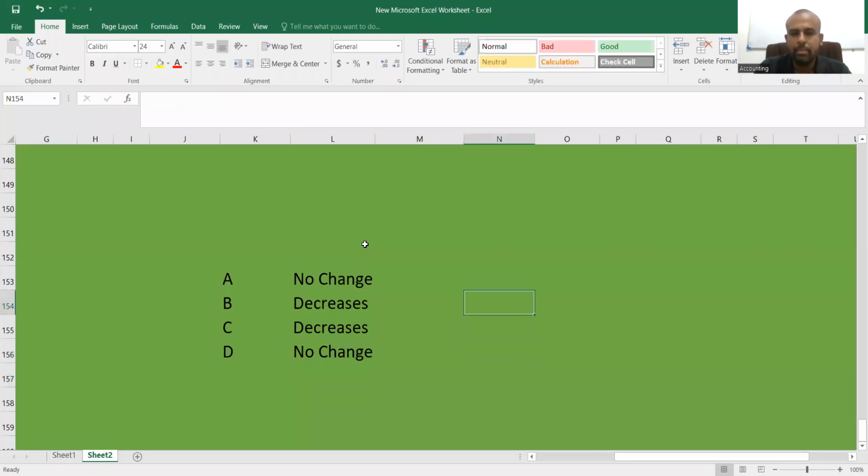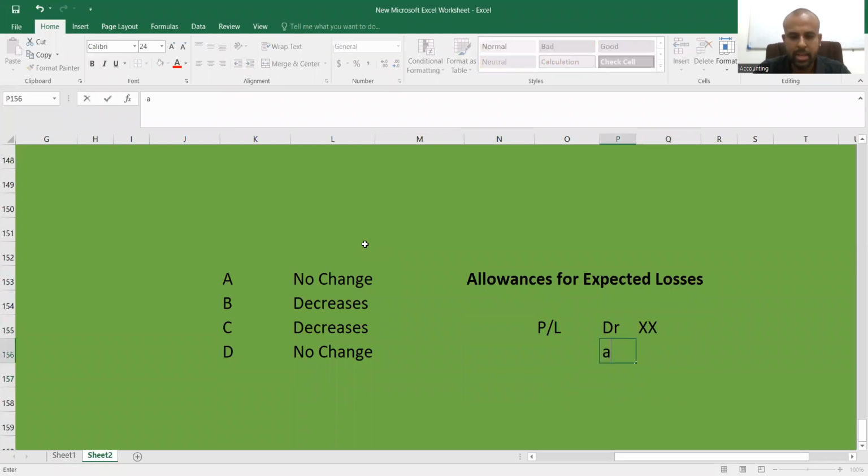Right? Make allowances for expected losses. What is the double entry? P&L debit, and allowances for expected losses credit.